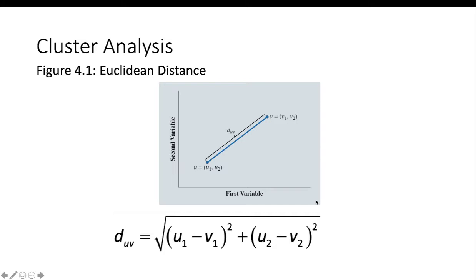In math, the Euclidean distance formula is used to find the length of a line segment given two points on the plane. This figure shows Euclidean distance for two observations consisting of two variable measurements, the first variable on the x-axis and the second variable on the y-axis. Euclidean distance becomes smaller as a pair of observations become more similar with respect to their variable values.